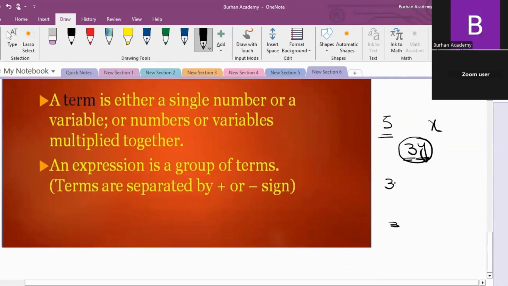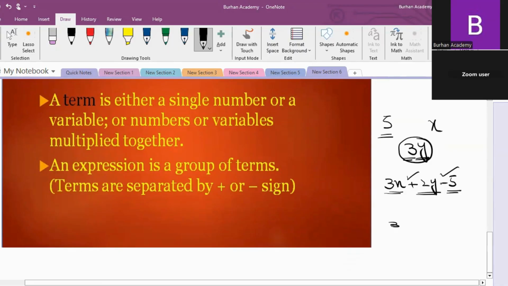For example, I can write 3x plus 2y minus 5. 3x is a term, 2y is a term, minus 5 is a term. There are 3 terms in this expression, separated by the operator plus or minus sign.